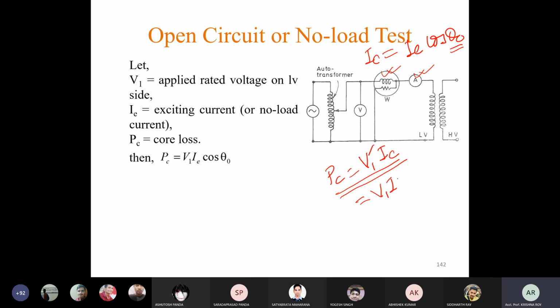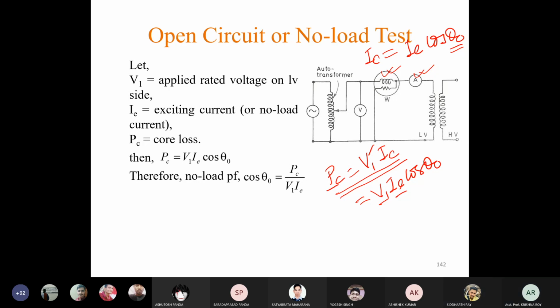So we can write V1 IE cos theta 0. In this equation, IE, V1, PC are all known quantities because we have measured all these things. So we can calculate cos theta 0. The no load power factor cos theta 0 is equal to PC by V1 IE. Is it clear?